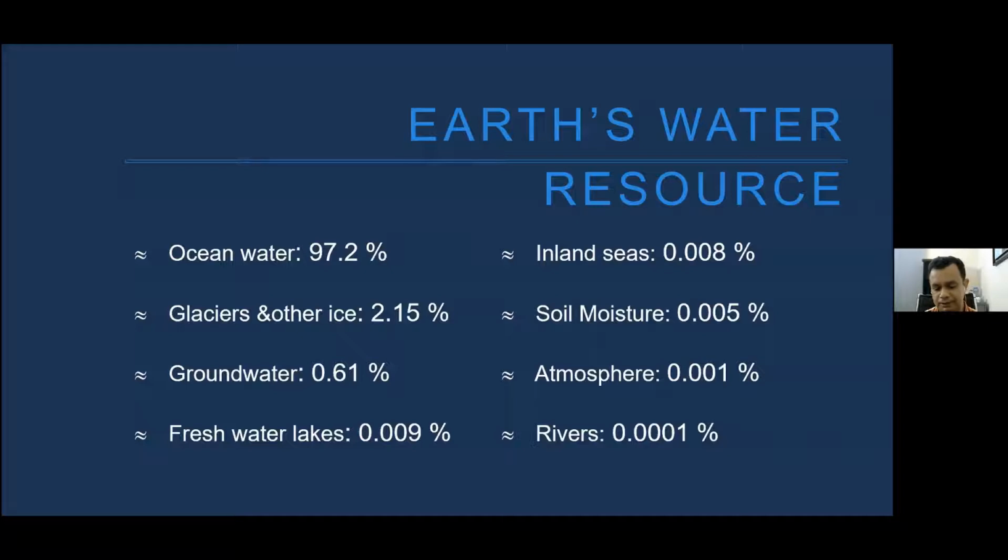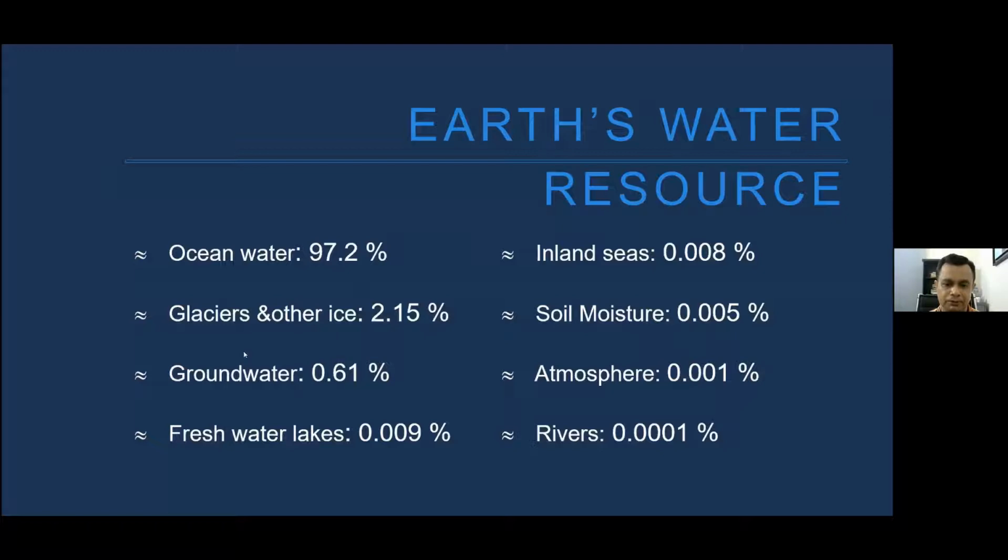If we summarize Earth's water resources, ocean water contains about 97.2%, as I mentioned earlier. Glaciers and other ice are also very important, covering around 2.15% of the water body in glaciers and other ice caps.